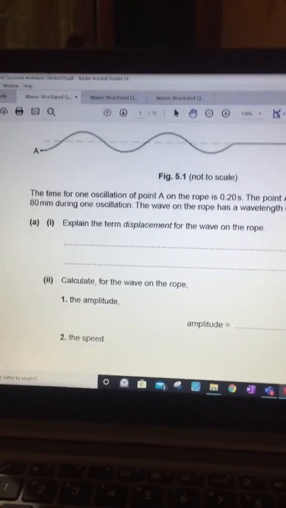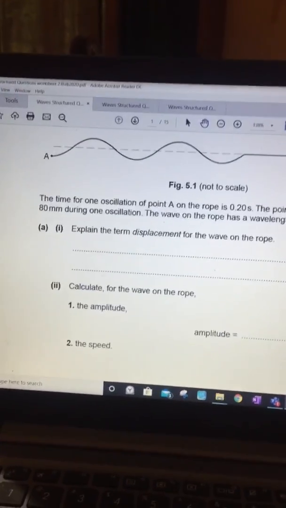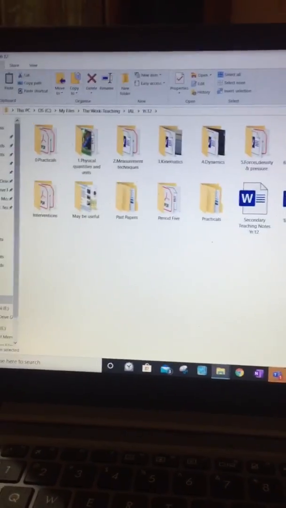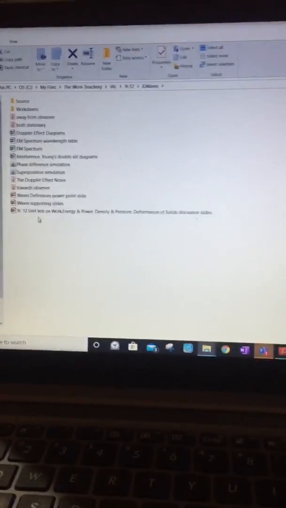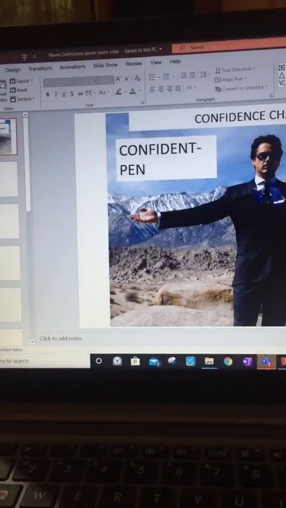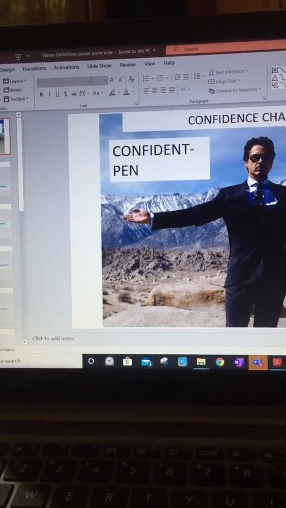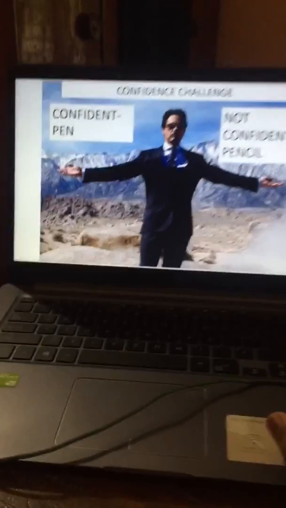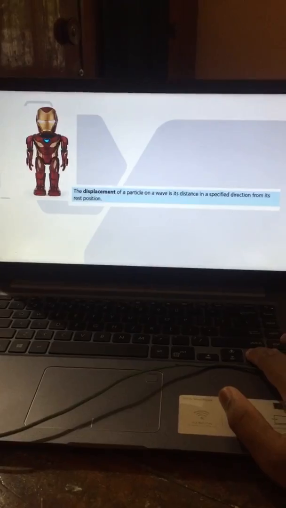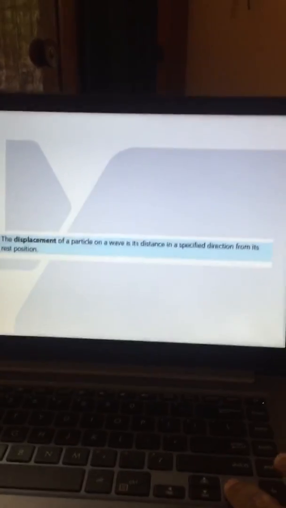We discussed the definitions of different terms in the context of waves, so if you could go back to those notes. The slides are there in files, I think.